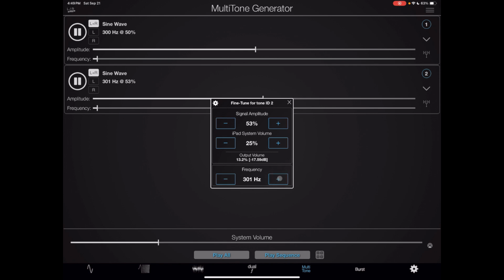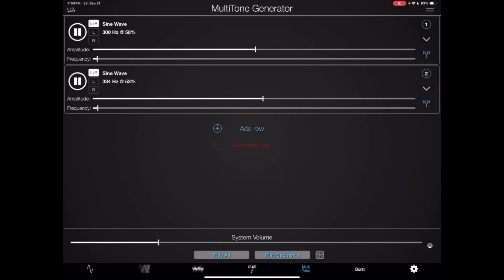No beats. Very long beat. We just don't hear when the other frequency is too far away from the original frequency.